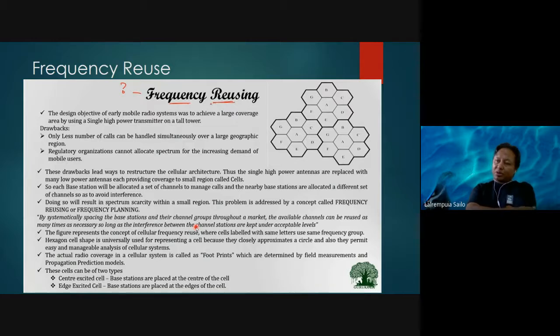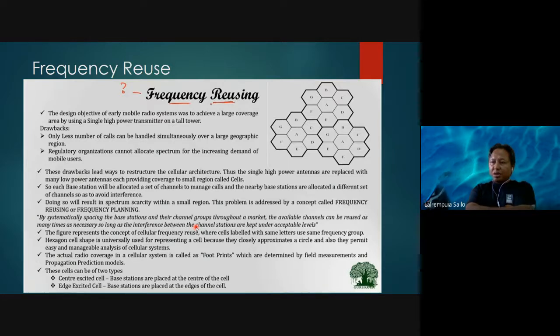This technology, the high tower and high power transmitter, has a drawback: only a small number of calls can be handled simultaneously over a large geographical region, and regulatory organizations can allocate spectrum for the increasing demand of mobile users.